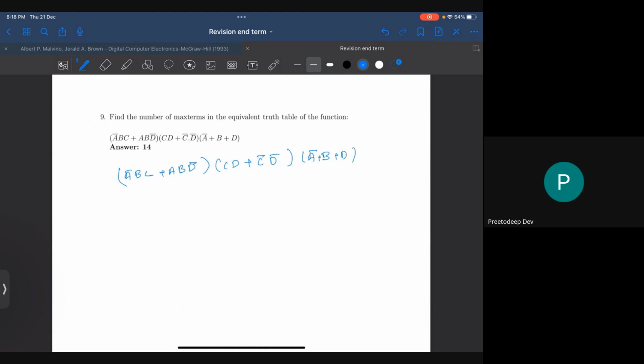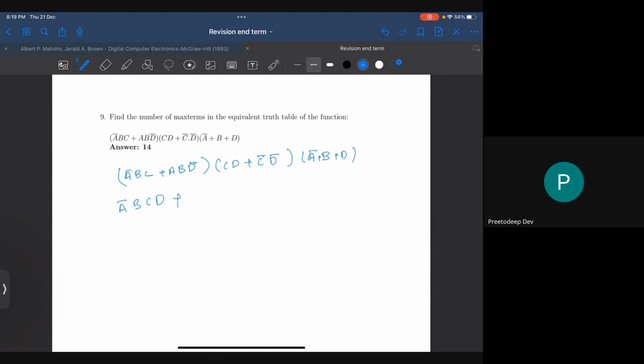Now let's solve. You can see that A bar BC and A bar, so you can write A bar B C D. Plus, you can see that C and C bar will be 0, so we don't have to write that. Now here we get A B, then C D bar. D and D bar will be 0, so I'm not writing.